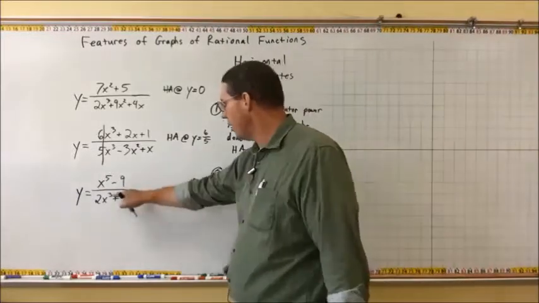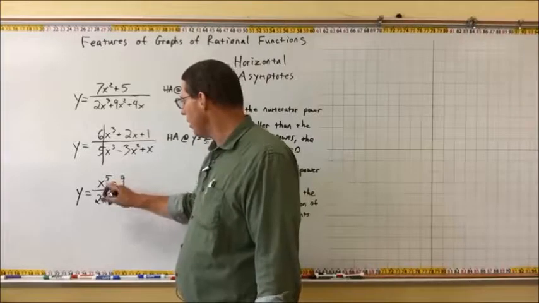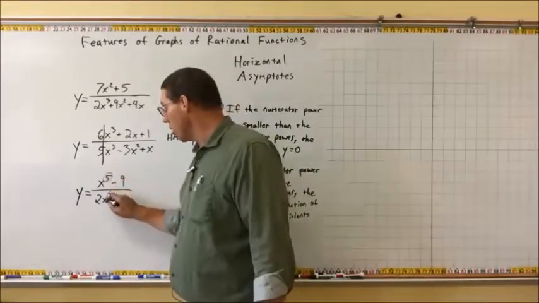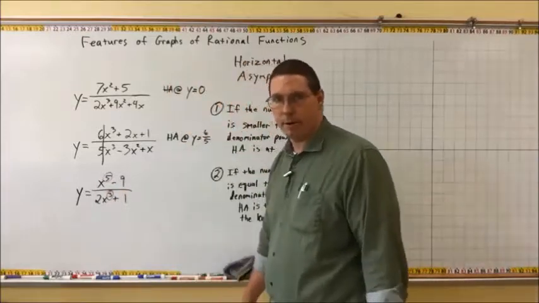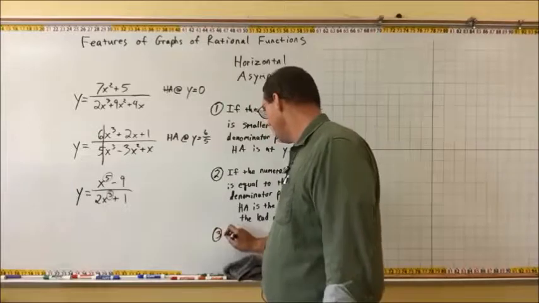Lastly, see this one down here? Y equals x to the 5th over 2x to the 3rd. Here, the power in the numerator is larger than the power in the denominator. So here's the deal. That's situation 3.